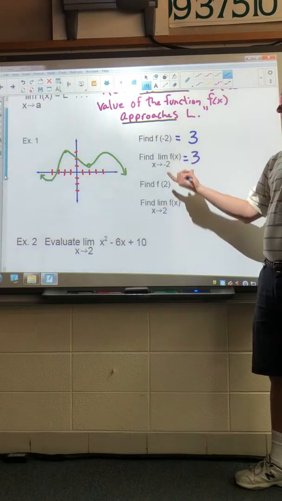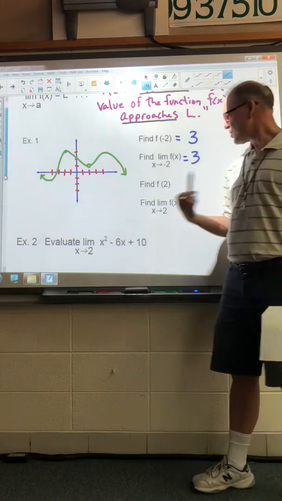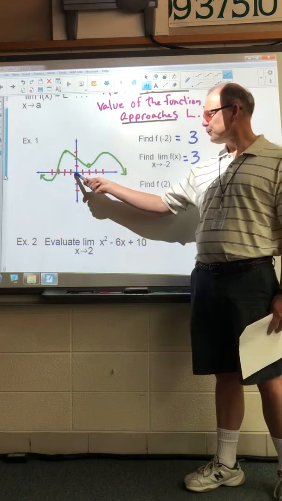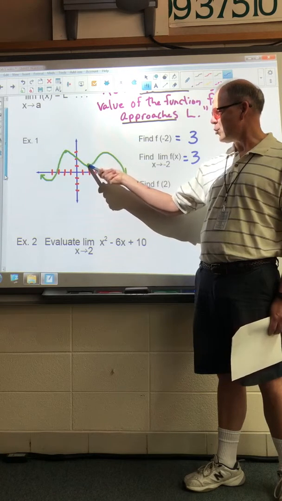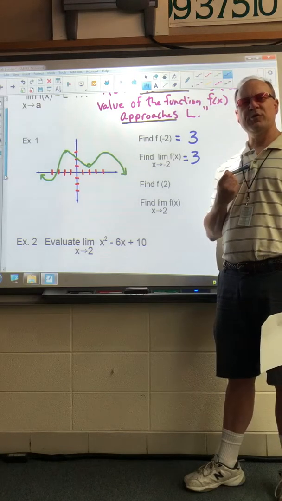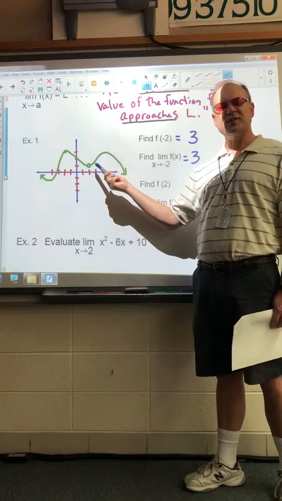Now let's look at f of 2, the value of the function when x is 2. When x is 2, I see an open circle there, which we remember from earlier in the year represents a removable discontinuity.